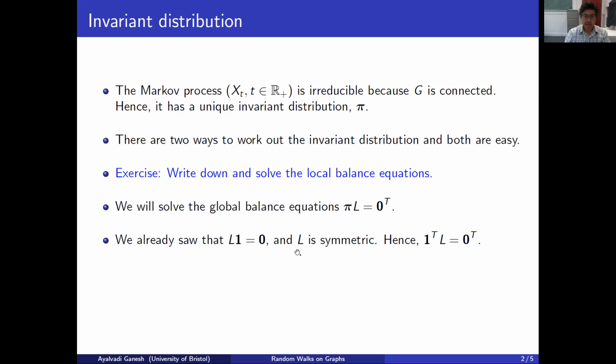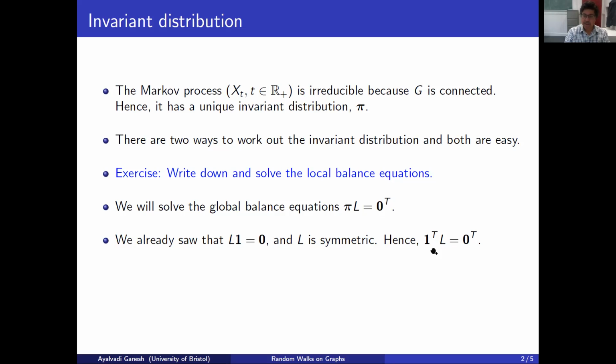In addition, the matrix L is symmetric because the graph is undirected. So we can take the transpose of this equation, and we get 1 transpose L is 0 transpose. So the all one row vector solves the global balance equations. Does that make the all one row vector the invariant distribution? Not quite, because this is not a probability distribution.